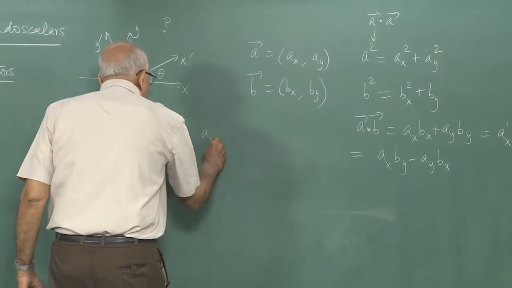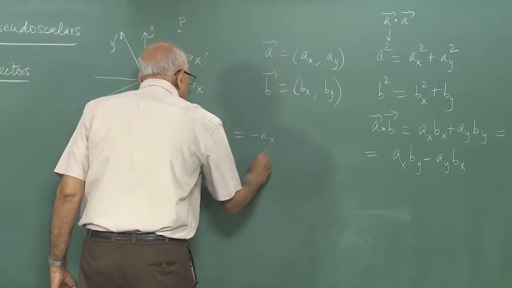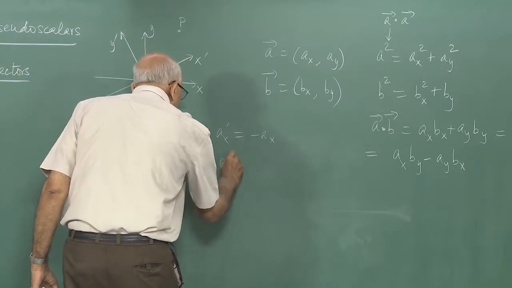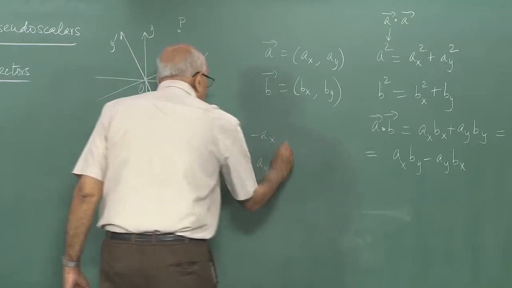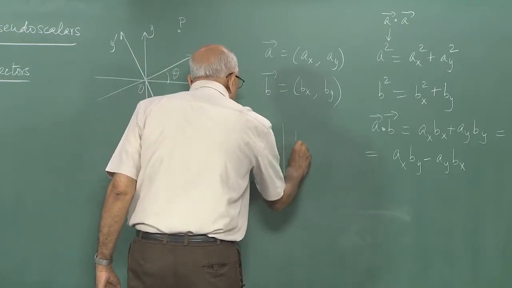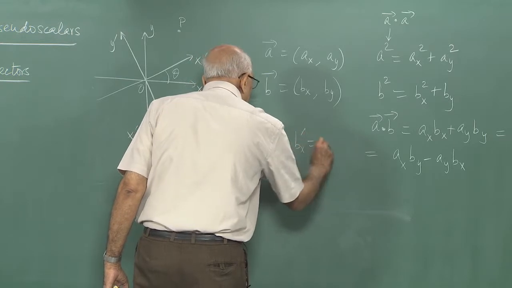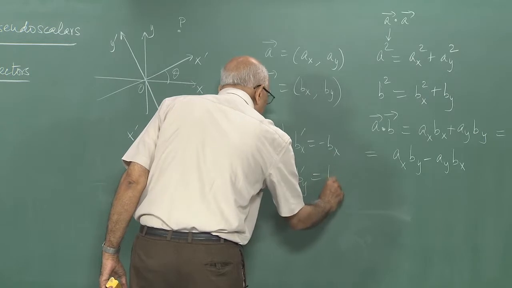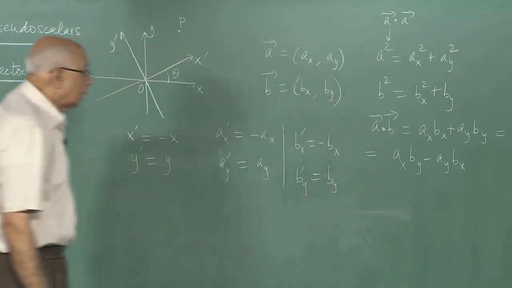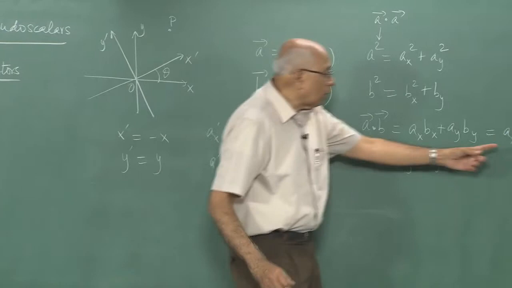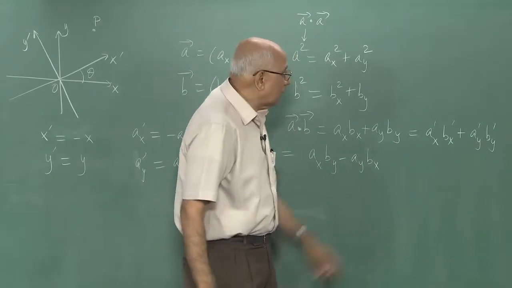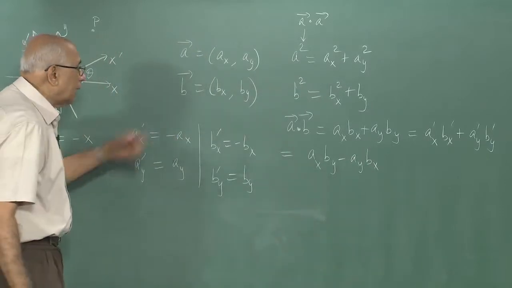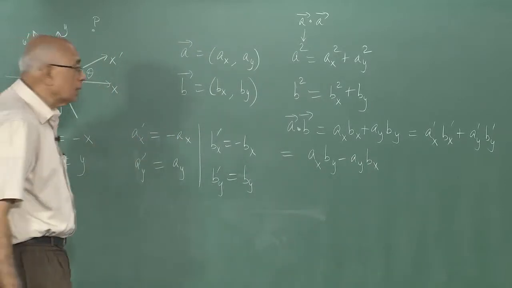You are going to have ax prime equal to minus ax, ay prime equal to ay, and similarly bx prime equal to minus bx and by prime equal to by. What happens to this combination here? It is clear that if this thing changes sign, ax prime goes to minus ax and bx prime goes to minus bx.